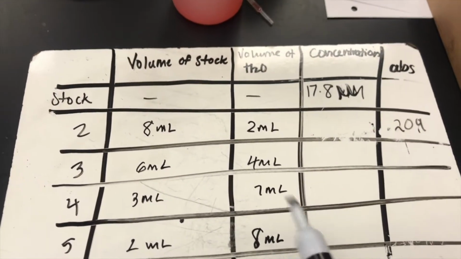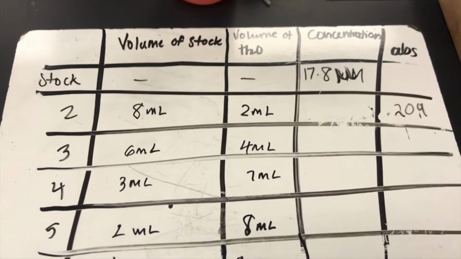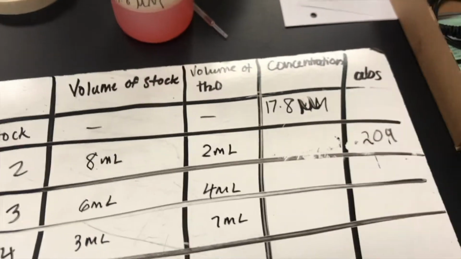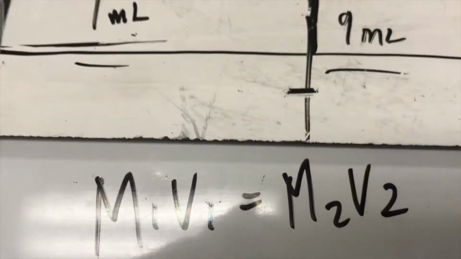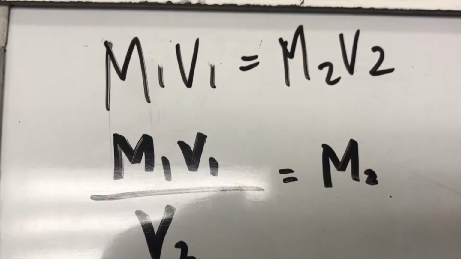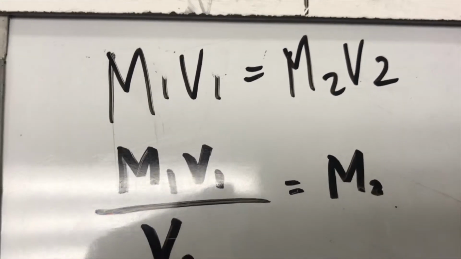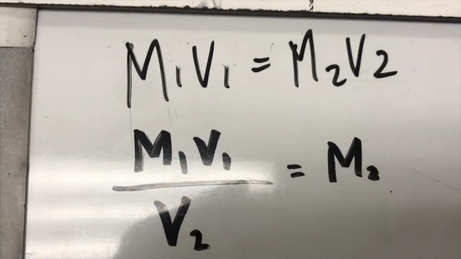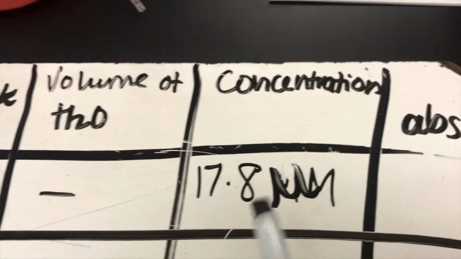Now we want to calculate the concentration value of our solution. We're going to do this by using the formula M1 times V1 equals M2 times V2. We're going to do some algebra and rearrange the equation so that we get M2 as a product. Our M1 value is going to be 17.8 millimoles.